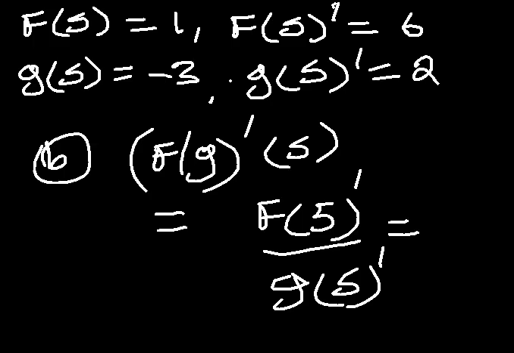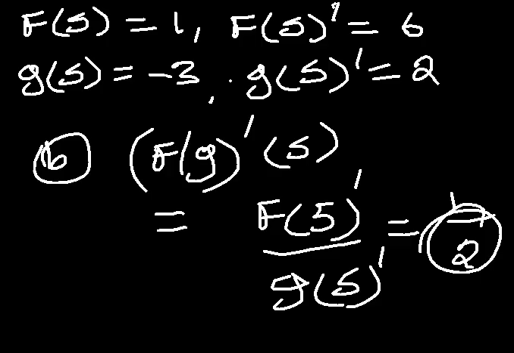So what is f prime of 5? We have it as 1, divided by g prime of 5, which is given as 2. So this is the solution in that case.